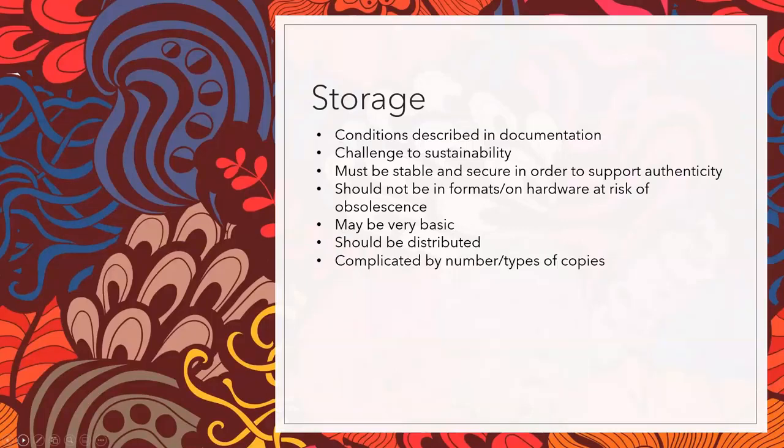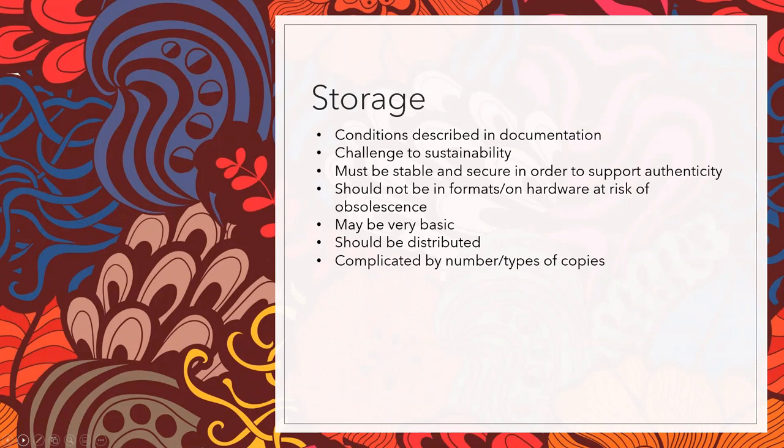Okay, so storage can also be complicated by the number and types of copies. So if you think of a digital photographer who might have terabytes and terabytes of photographs, you're going to keep those, and then you're probably going to keep 2 or 3 preservation copies of each photograph.